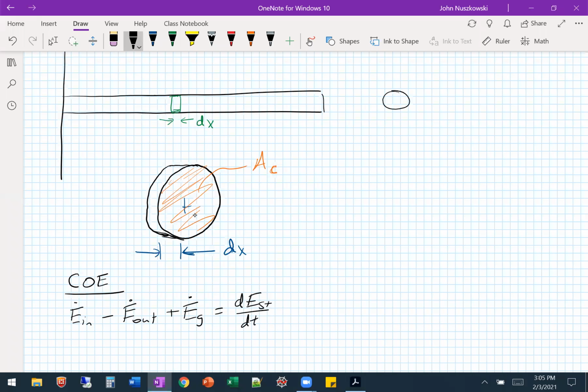So we need to label our little sliver here. What heat transfers are occurring on this little section of this fin? We need to label what heat is going in or what heat is leaving.